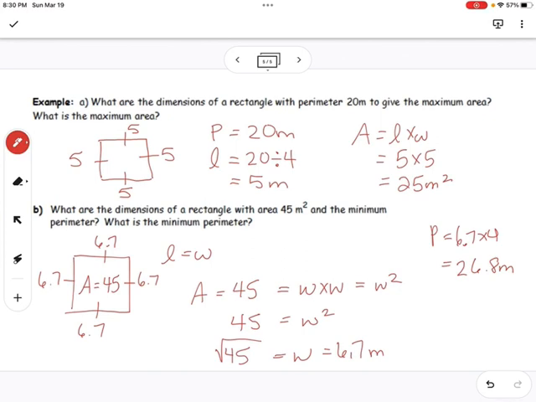Okay. So just remember, if you have 4 sides, you're creating a square. If there are 3 sides, you want the length to be double the width. So keep that in mind as you complete your worksheet and let me know if you have any questions.